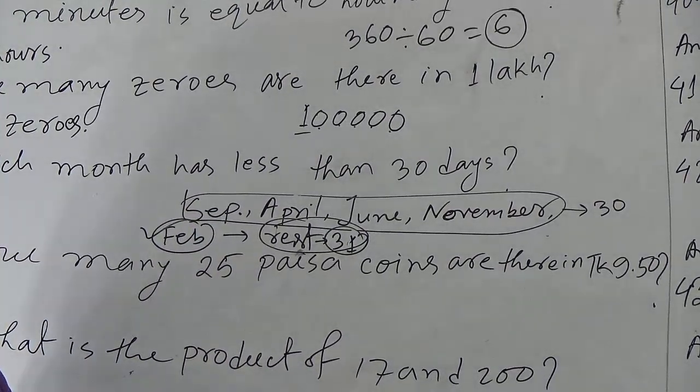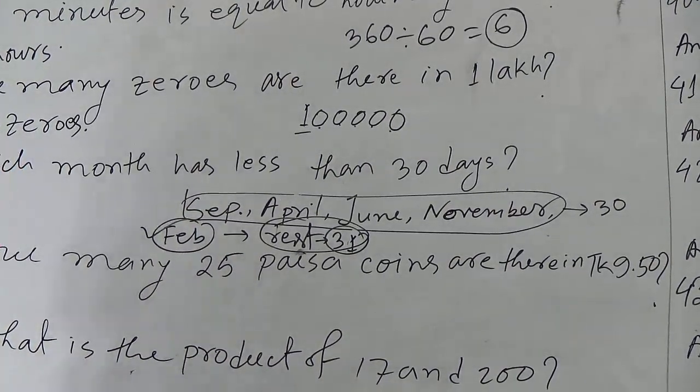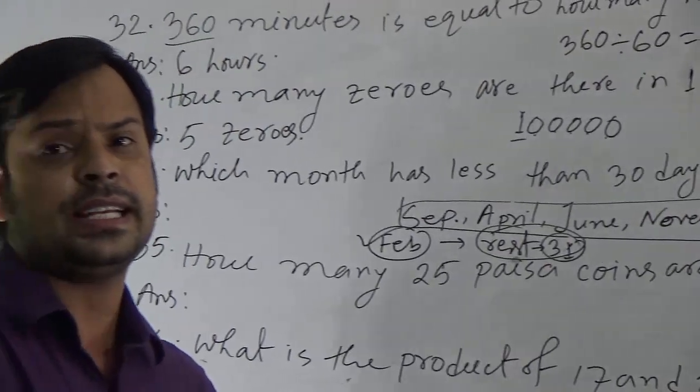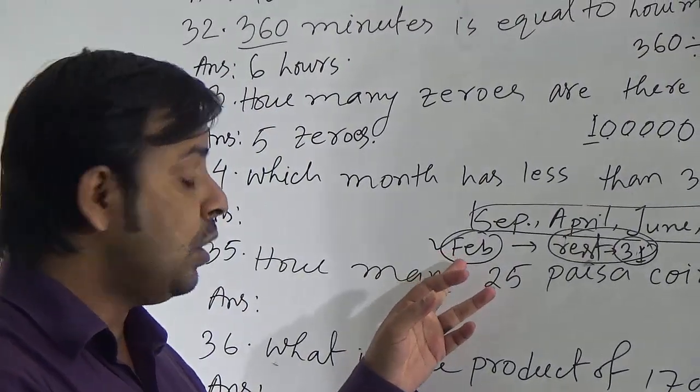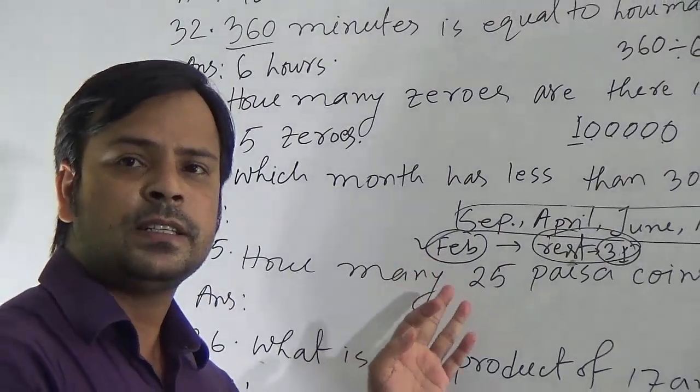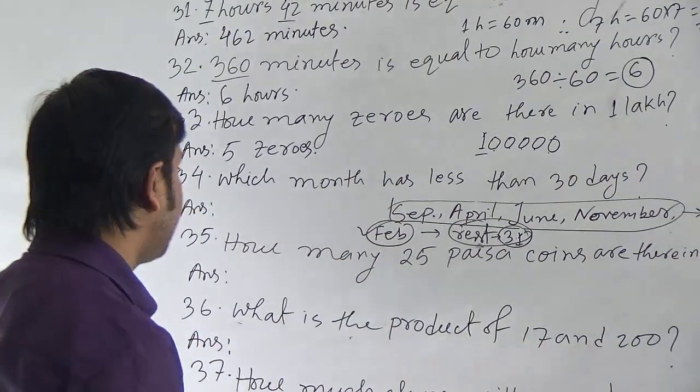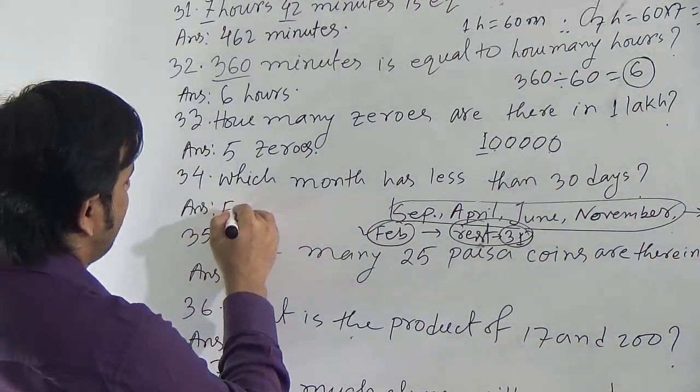Generally February contains 28 days, but if it is a leap year then February contains 29 days. It means that February always contains less than 30 days. So our required answer for this question is February.